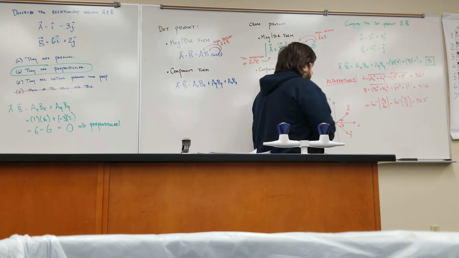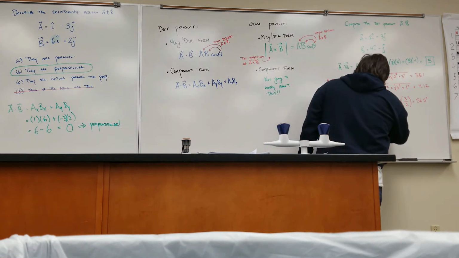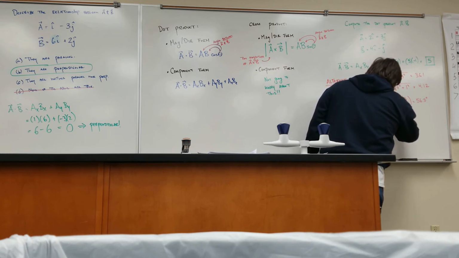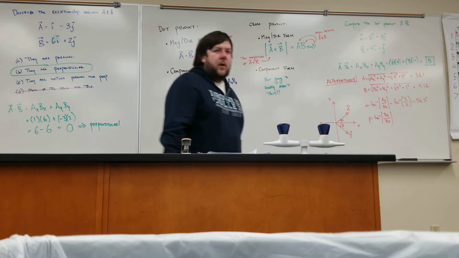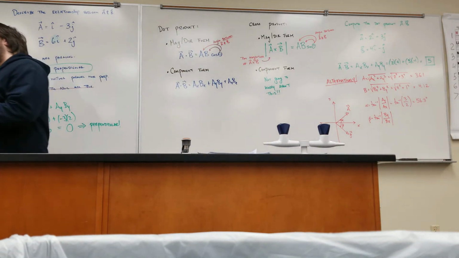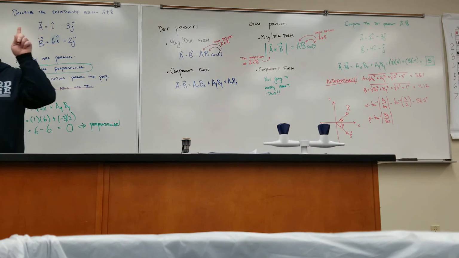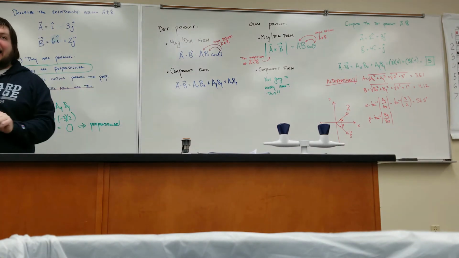Beta is going to be the inverse tangent of the absolute value of the y component over the x component. Always of this form. Remember that finding direction is a two-step process. The first step is to always choose your angle to the nearest x-axis.